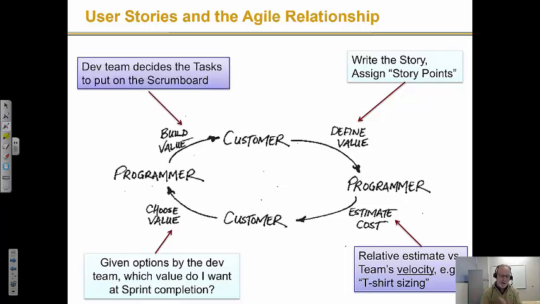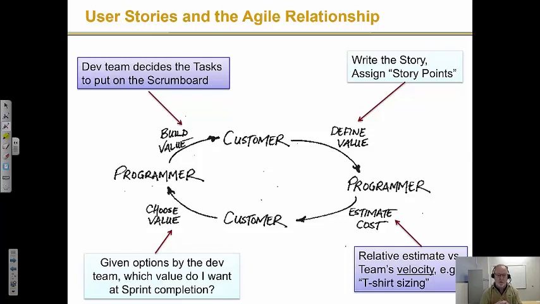All right. That exercise happens once you have the set of stories selected for a sprint. We wrote the stories, we put them on the product backlog, we estimate value, they're prioritized, we grab the top ones for the sprint, and the customer defines, or chooses, that value.